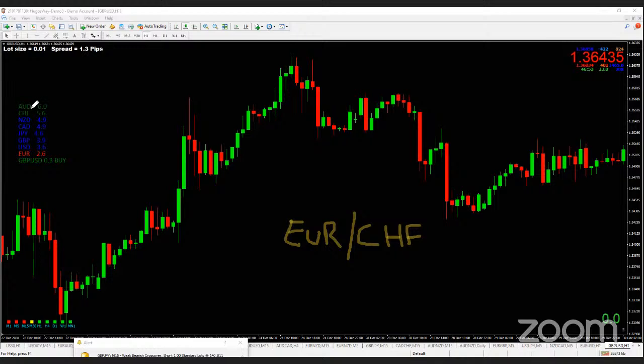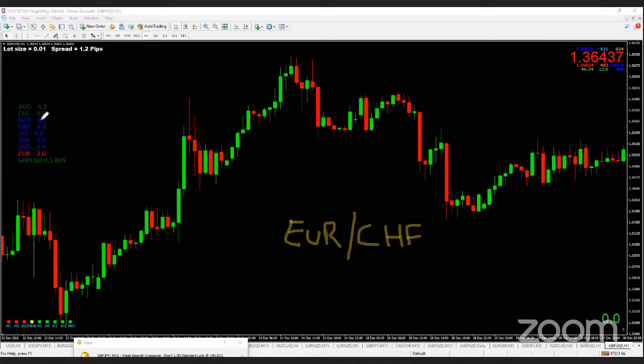The strength of those currencies here at the top left-hand corner are changing. One minute we have the Aussie dollar at 6.1, the next we have the CHF at 5.6, and they are changing, and it's going to keep on changing if you were to stay on this for some time.